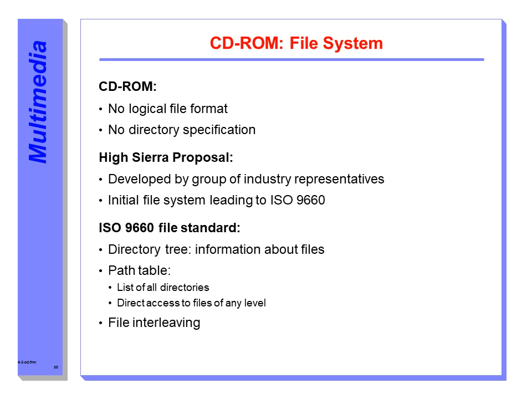Since the logical file format and directory were missing, the ISO 9660 standard defines a directory tree which includes information about all files. In addition, there is a table that lists all the directories in a compressed form. This so-called path table allows direct access to files at any level. The table is loaded into the computer memory when a CD is mounted.